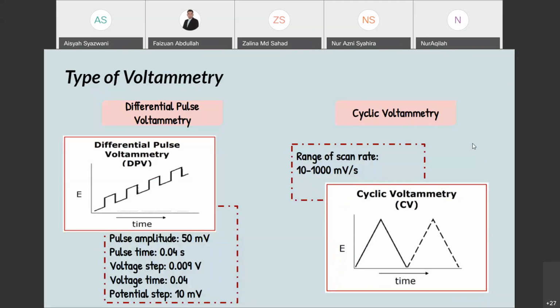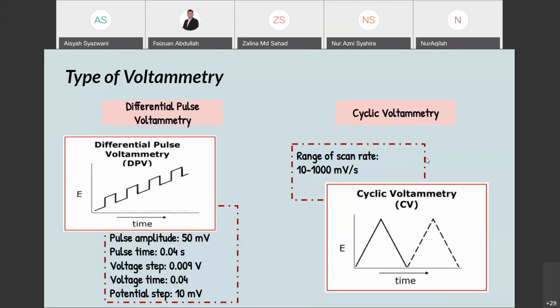First one is the type of voltammetry. There are two types of voltammetry technique: the first one is differential pulse voltammetry (DPV), and the second one is cyclic voltammetry.